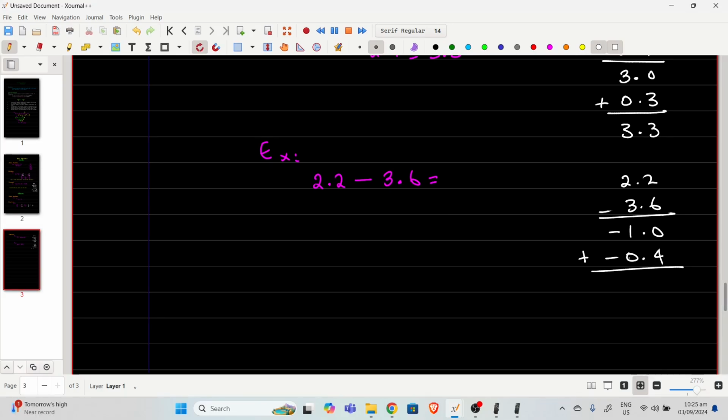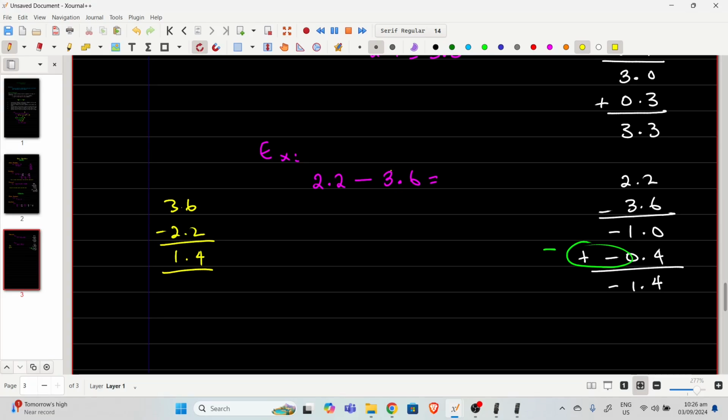And this here simply works out to be minus, and this here combines to be a minus. So we have this minus this, which is negative 1.4. All right. Another way you could have thought of it is to take the 3.6 minus 2.2, and you get 1.4 here as well.